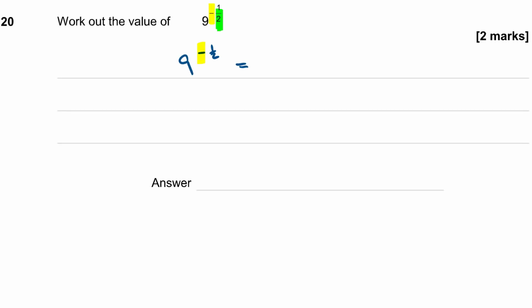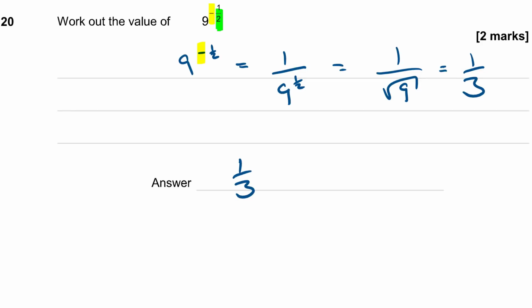Negative index means 1 over the same thing to a positive index. So that would be 1 over 9 to the power of 1/2. Fractional indices mean the root of, in this case the square root of. So I'm going to take the square root of 9, and the square root of 9 is 3. So our answer is 1/3.